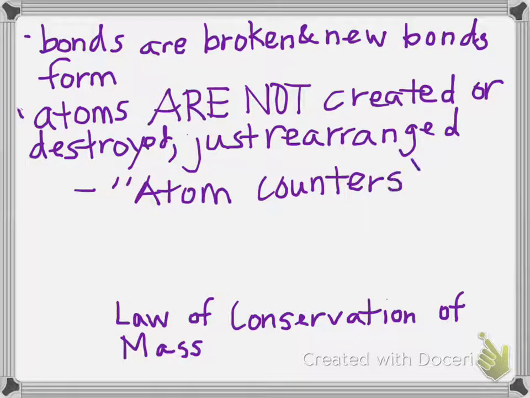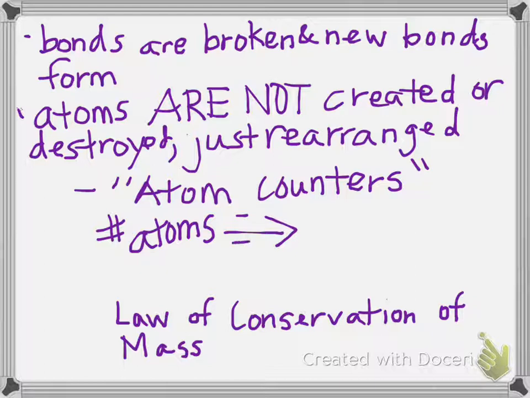The way that you're going to know that you have properly balanced a chemical equation is you're going to count and see, okay, that the number of atoms on the reactant side of the equation is equal to the number of atoms on the product side. And this is because of that law of conservation of mass. So that law of conservation of mass is why we can just count atoms to see that our chemical equation is balanced.